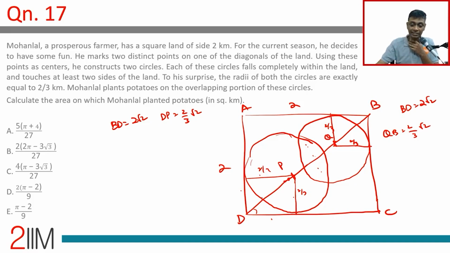Lovely. Radius is 2/3. And so 2 root 2, I'm going to write it as 6 root 2 by 3. There's a 2 root 2 by 3, this is 2 root 2 by 3, this is 2 root 2 by 3. Overall distance is 6 root 2 by 3. So PQ is also 2 root 2 by 3.